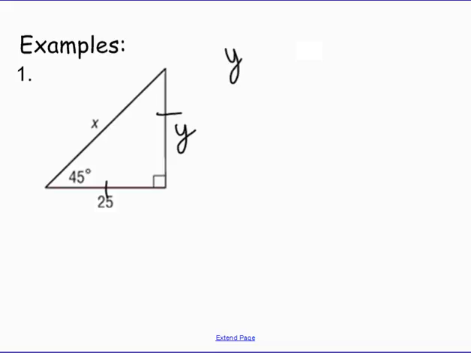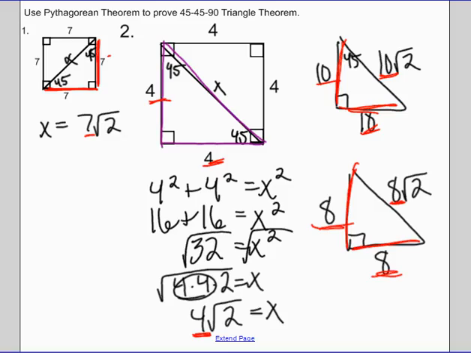So I know what y is. Y is also 25. Now for x, remember I saw that pattern. The legs are both 8, the hypotenuse is 8 radical 2. The legs are both 10, the hypotenuse is 10 radical 2. The legs are both 4, the hypotenuse is 4 radical 2.